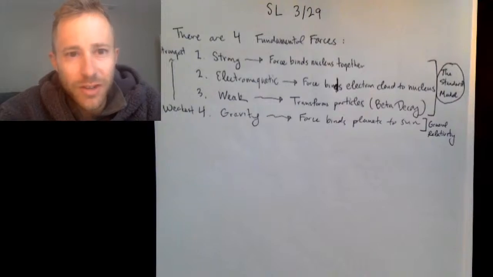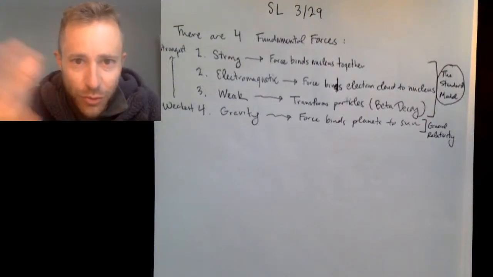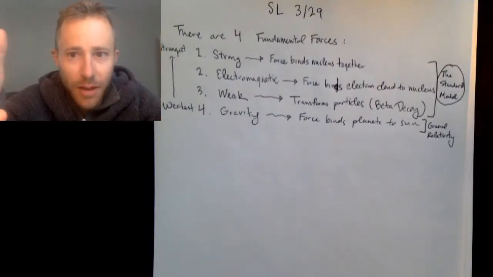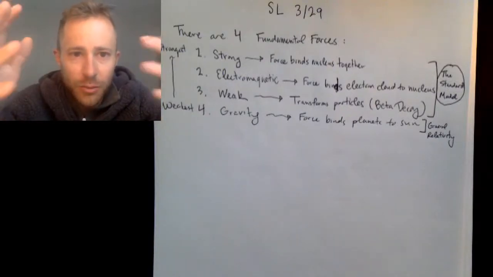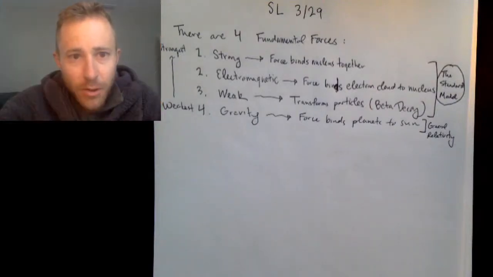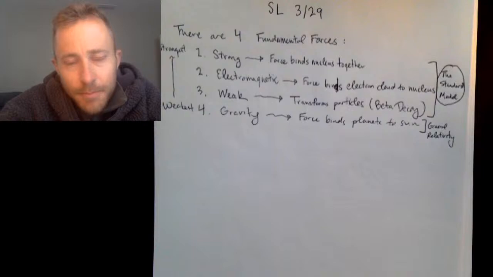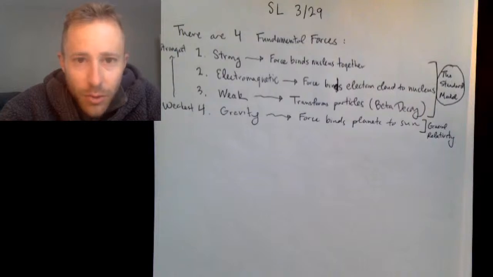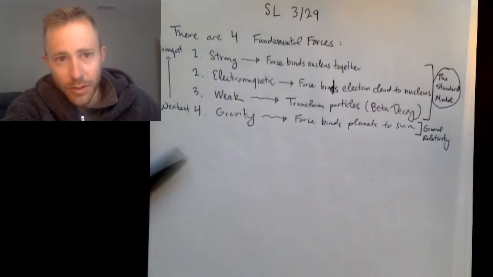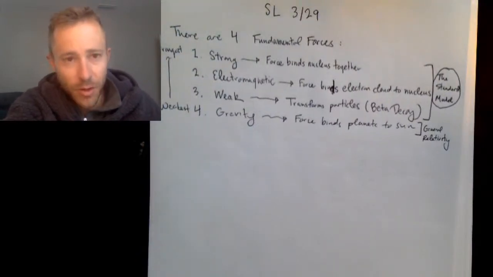So the Standard Model allows us to solve that problem, because we have a theory that puts the strong and the electromagnetic force together, okay? But if you have something like a black hole, inside a black hole, all four forces are going to be significant, okay?